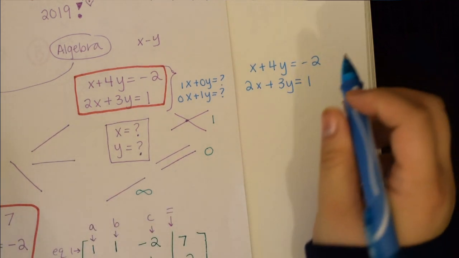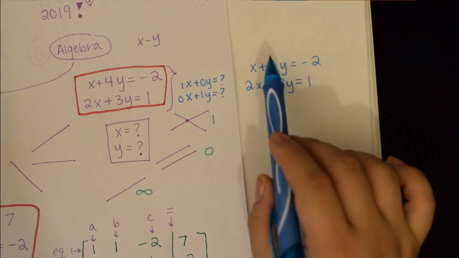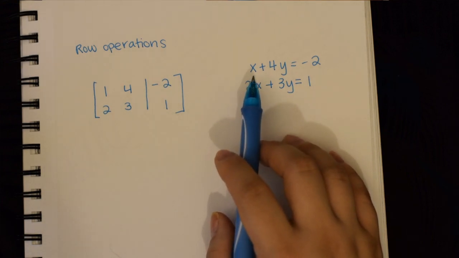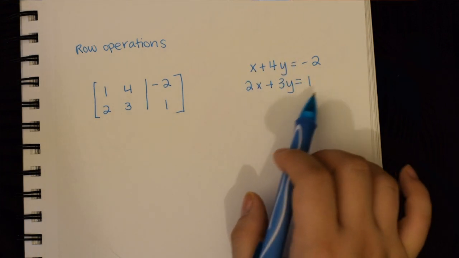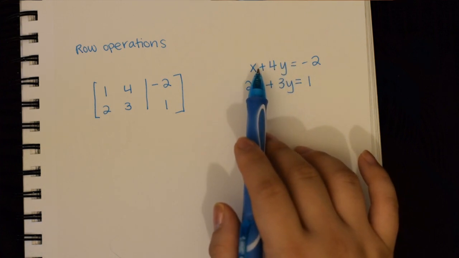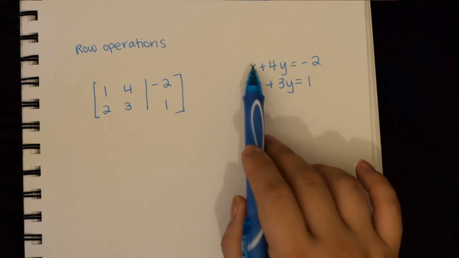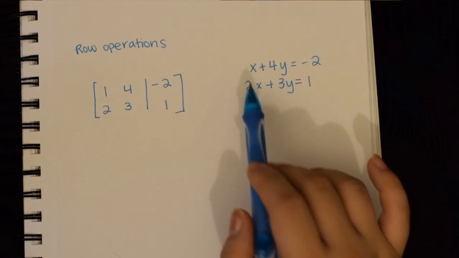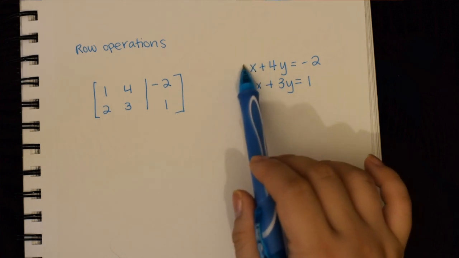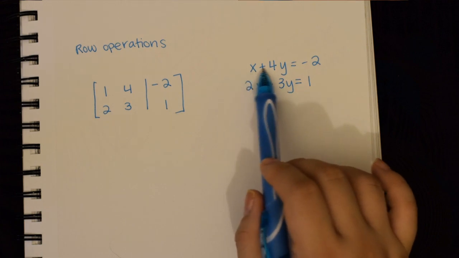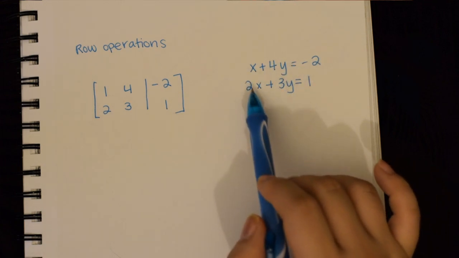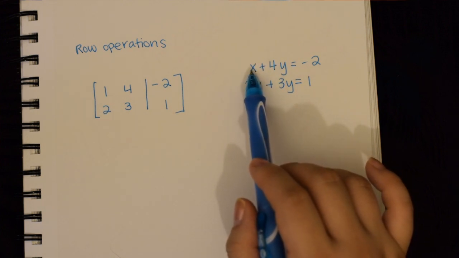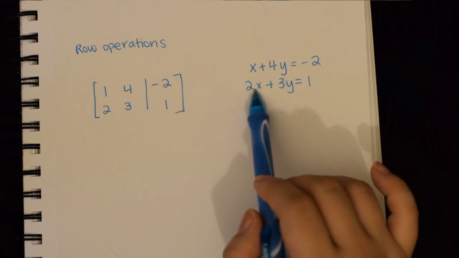So what that means is, if I were to solve for this using elimination, you might remember this, you kind of want to be clever. I might notice, okay, I have an x and a 2x, and I want to eliminate one of my variables. So if I were to multiply this top equation by 2, and then you subtract the two equations, for this part you would get 2x minus 2x.